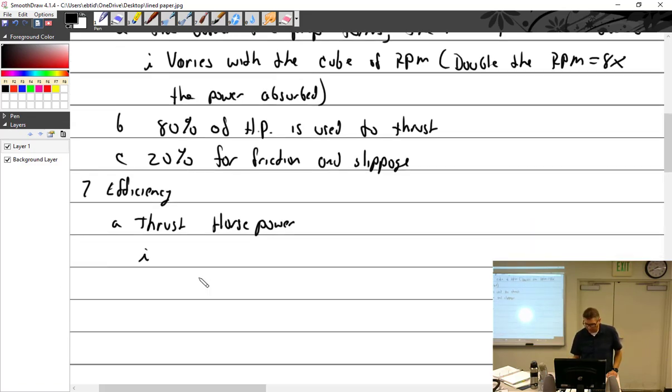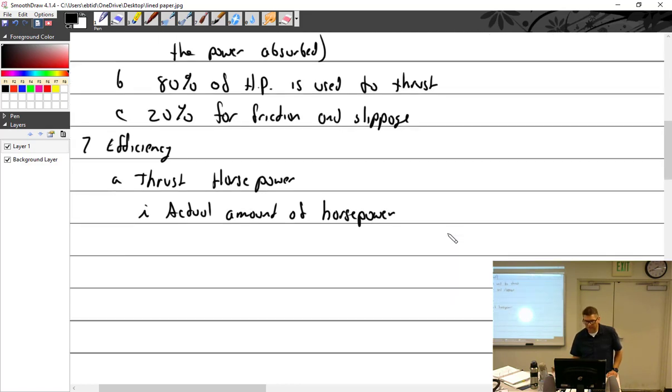Thrust horsepower is the actual amount of horsepower that the engine-propeller unit transforms into thrust.